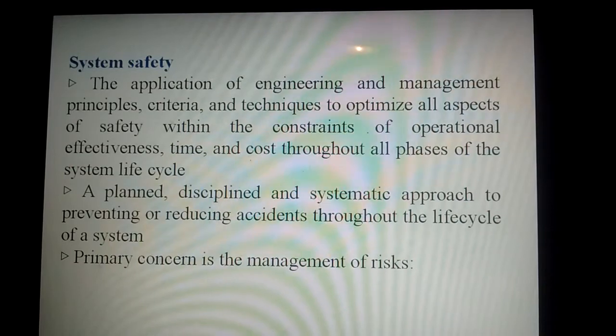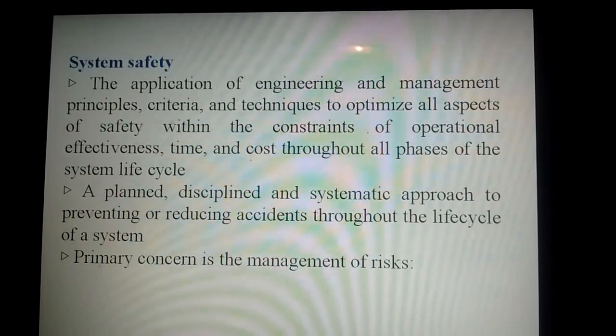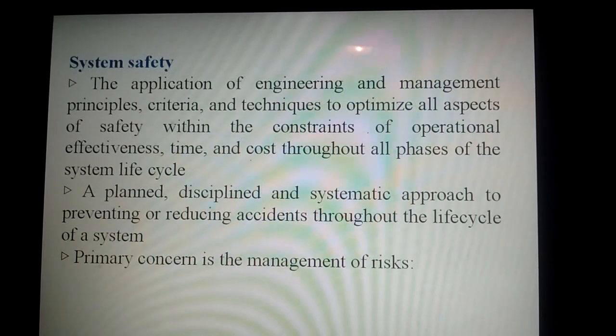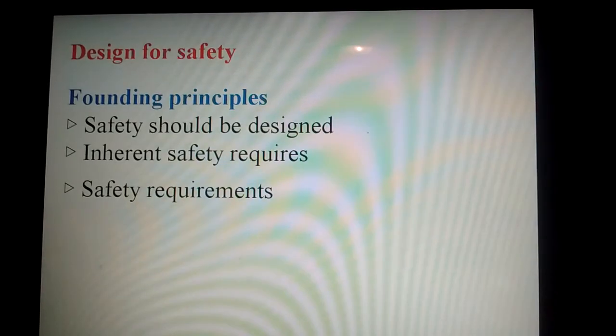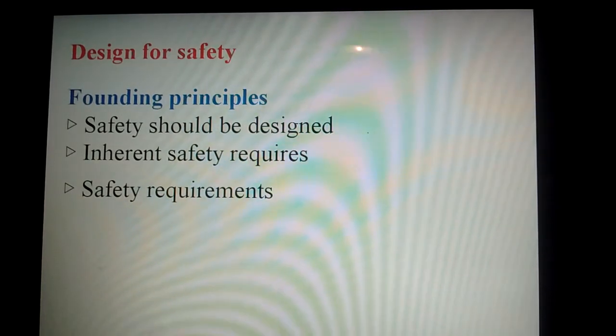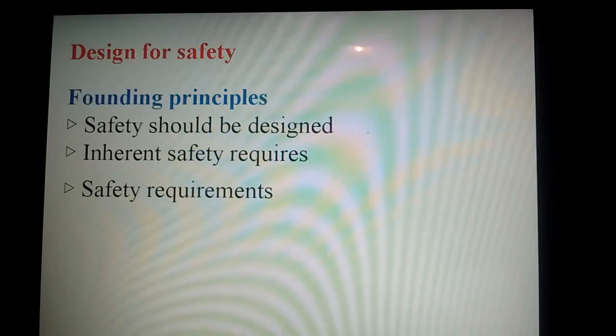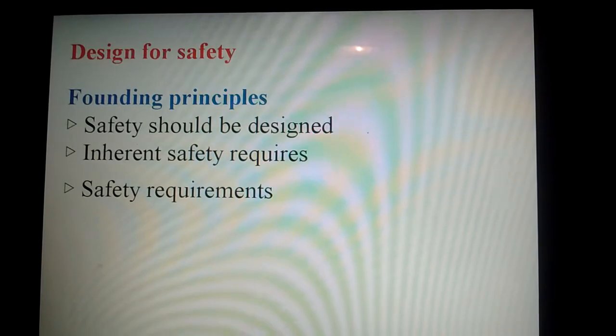System safety is a planned, disciplined and systematic approach to preventing or reducing accidents throughout the life cycle of the system. System safety is a primary concern in the management of risk. Three main founding principles are required for designing for safety. First, safety should be designed into each and every process, each cycle and each product.